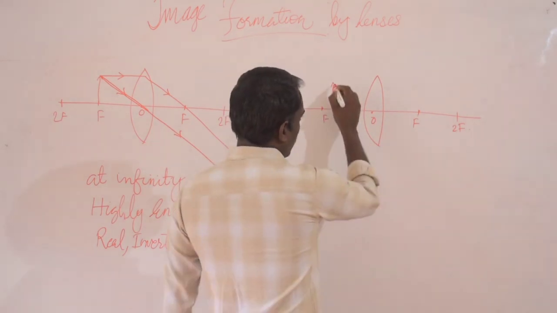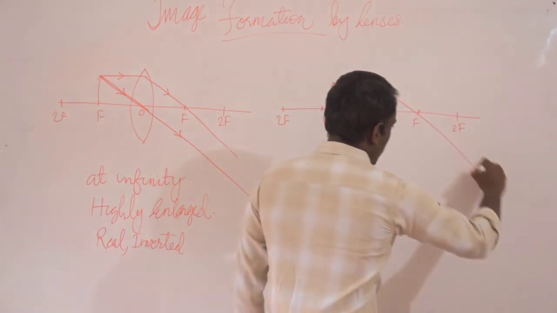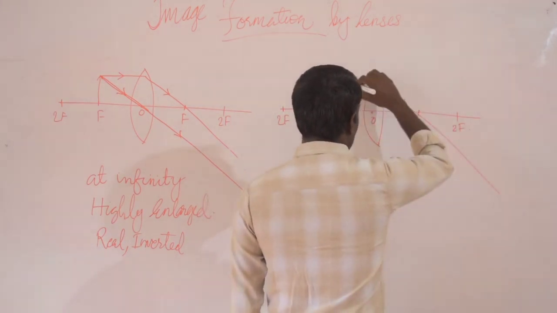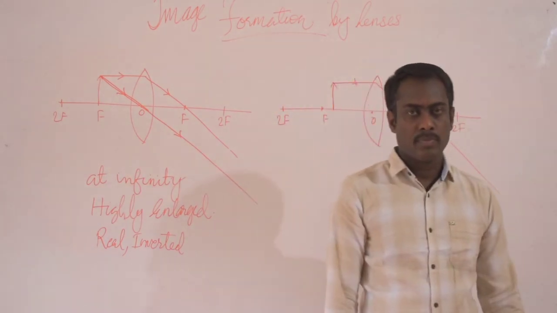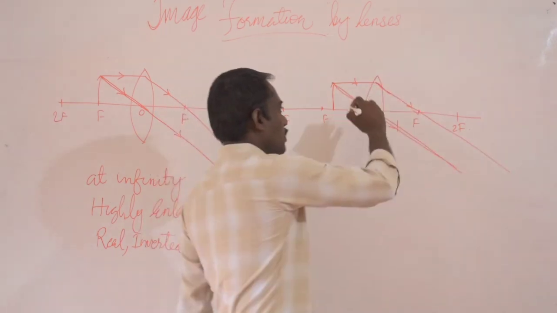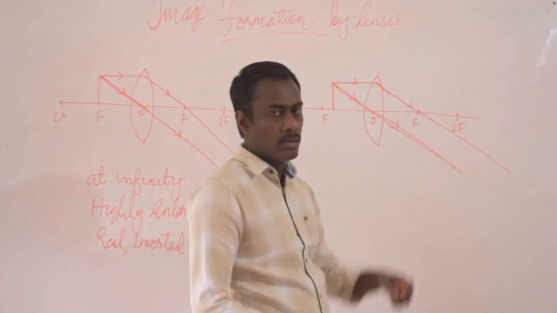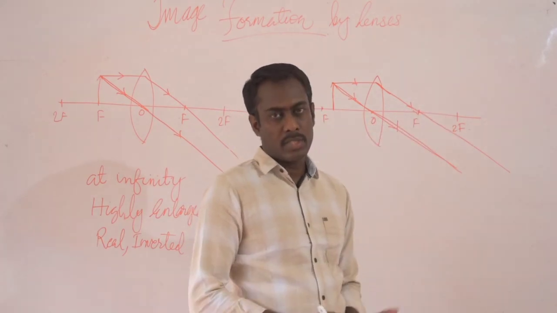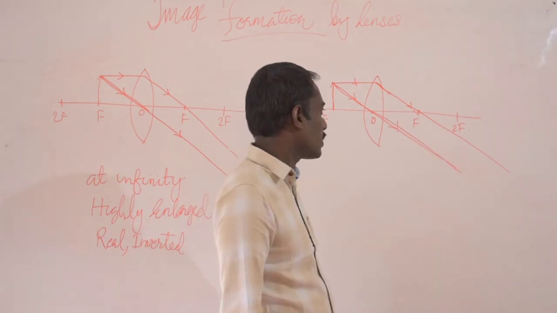Consider a ray of light that is parallel to the principal axis. Then after the refraction, it will pass through the point F. Now another ray of light that we are going to consider is passing through the optical center of the lens. Here these two refracted rays move away from each other. They are not parallel, they move away from each other.